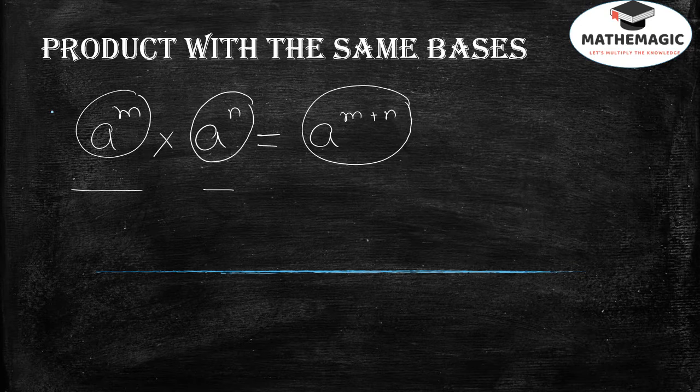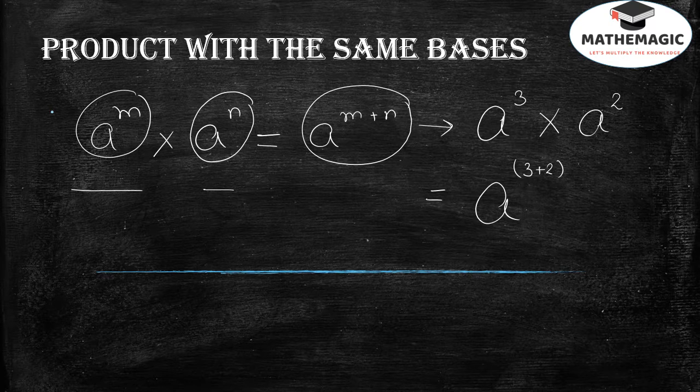Let us see one example. If we have a raised to the power of 3 multiplied by a raised to the power of 2, then this will give us a raised to the power of 3 plus 2, that is a raised to the power of 5. Now let us check whether applying this law is really useful.